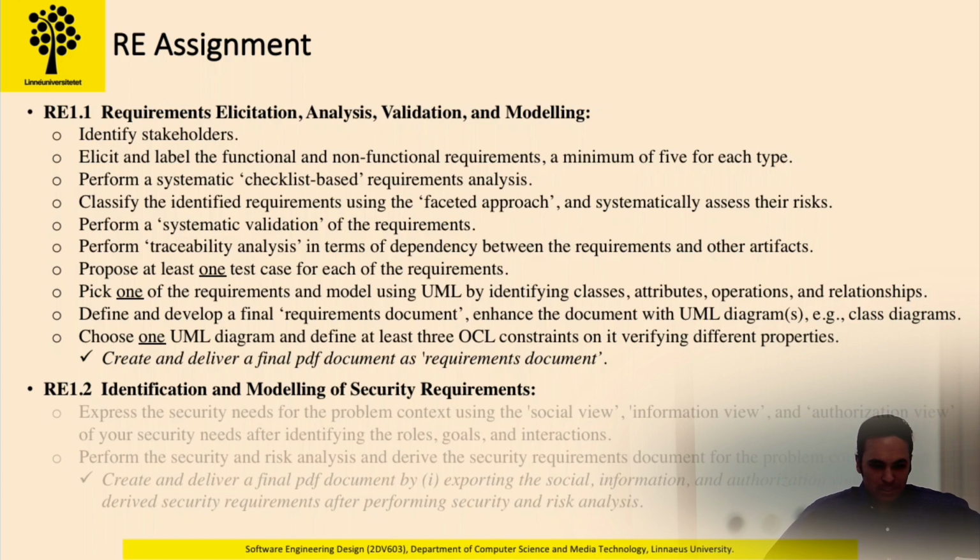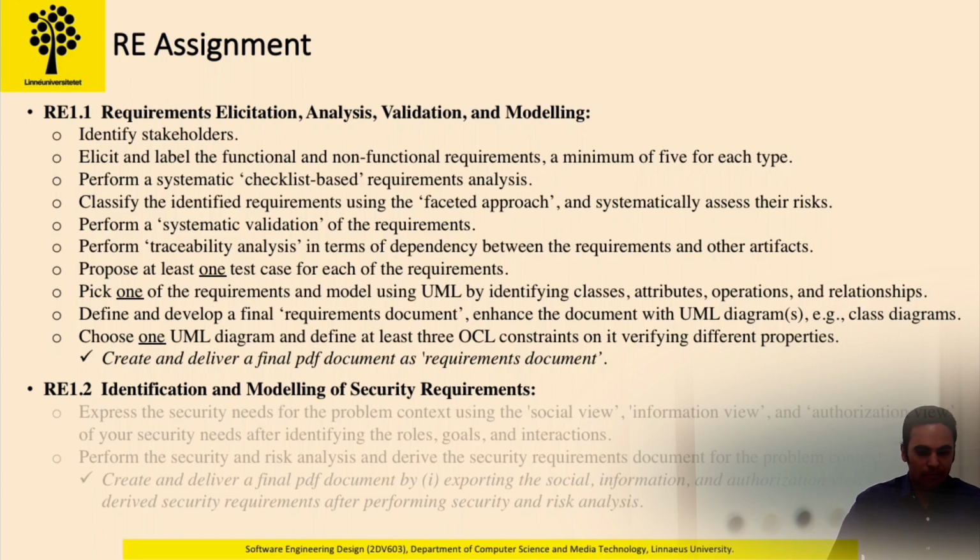In the first part of the assignment, that is RE 1.1, I will give you a list of contexts or problems, or maybe design problems. You will choose one design problem or problem context, and you will identify the stakeholders for that context. Then you will elicit and label the functional and non-functional requirements, at least 5 for each.